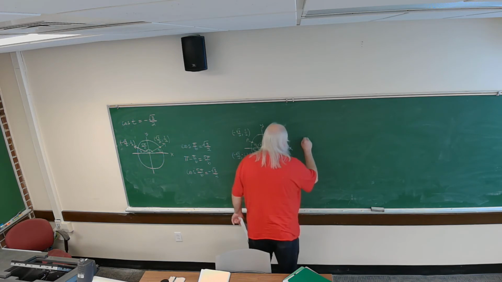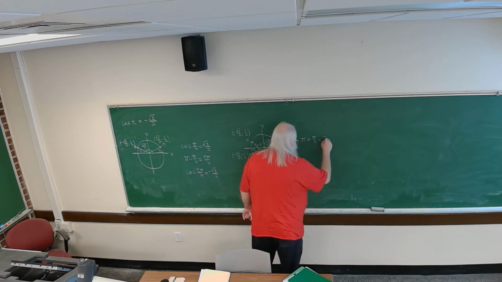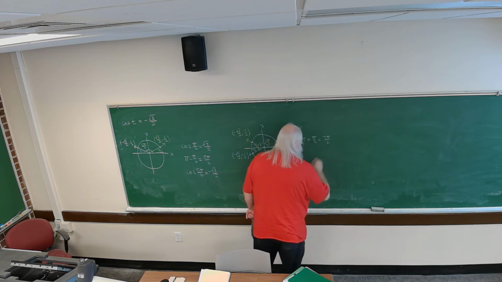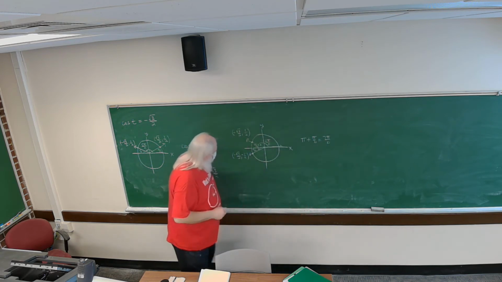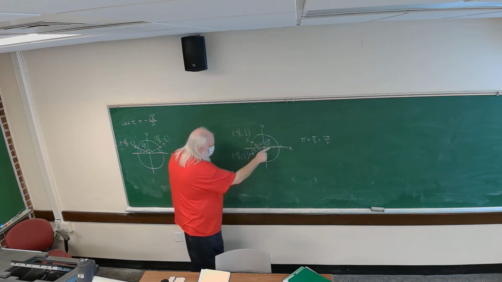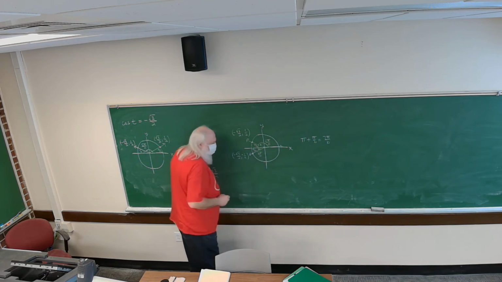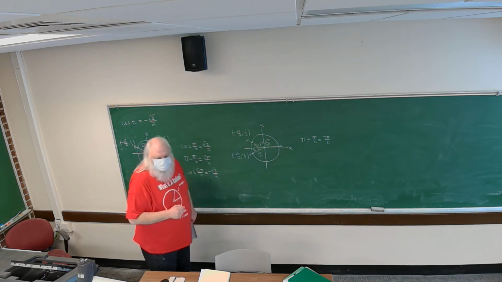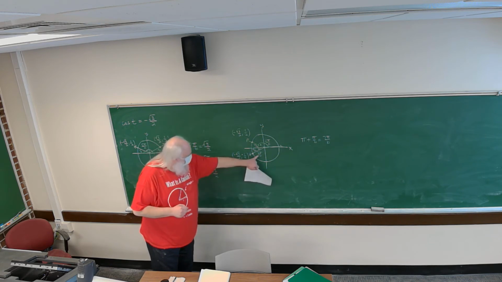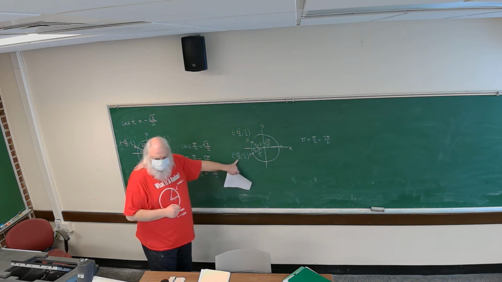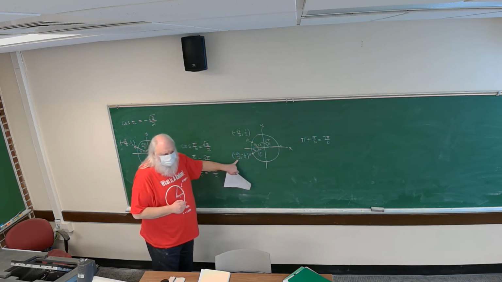So pi plus pi over 6 radians equals 7 pi over 6 radians. So this angle from the initial side to this terminal side down here is 7 pi over 6 radians. And the cosine of that angle is equal to the x-coordinate, minus square root of 3 over 2.